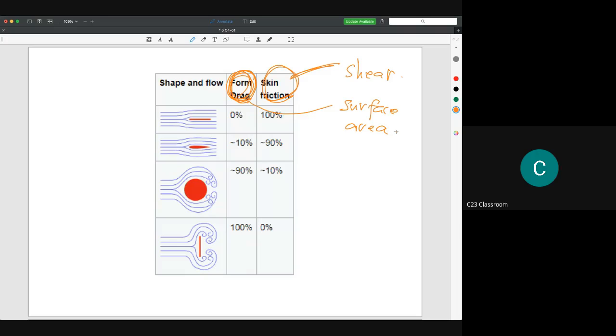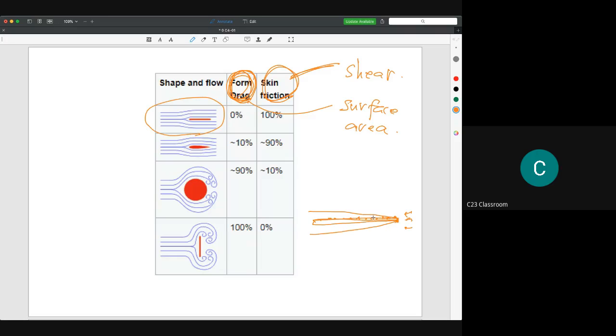For example, in this situation you have a very thin plate like this. We assume that the thickness is not so thick, it is very thin, maybe 0.5 mm. So the area that resists the flow here is very small. But the resistance will come because the molecules will stick on the surface and create a boundary layer.